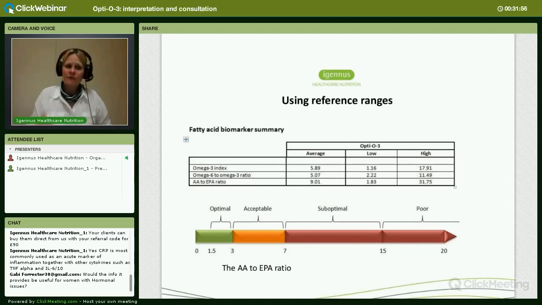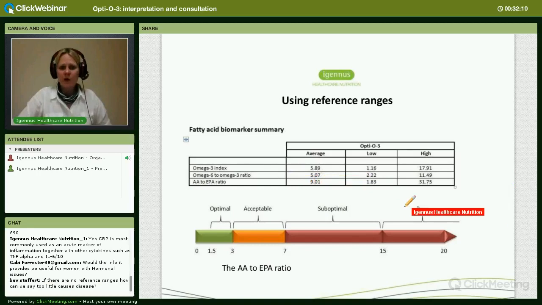And I have mentioned the fact that some of our practitioners have been doing this test on themselves, so it's not surprising that we've got a few high ones in there. And the average AA to EPA ratio is about 9, with a low of just under 2 and a high of 31.75. So we can see that there are high degrees of inflammation.